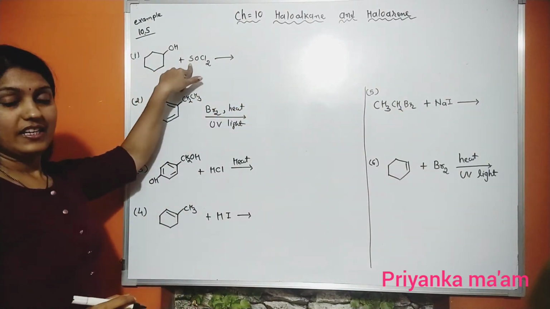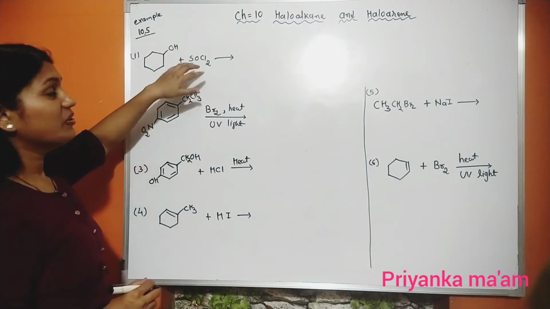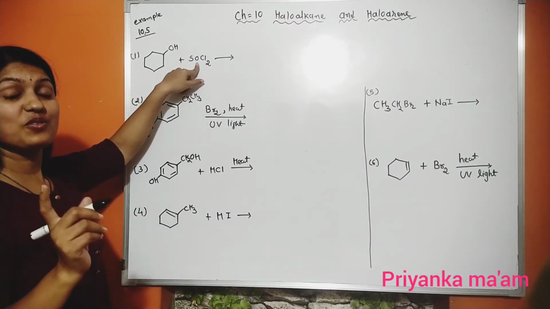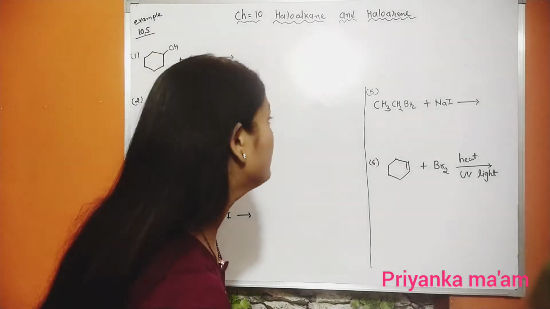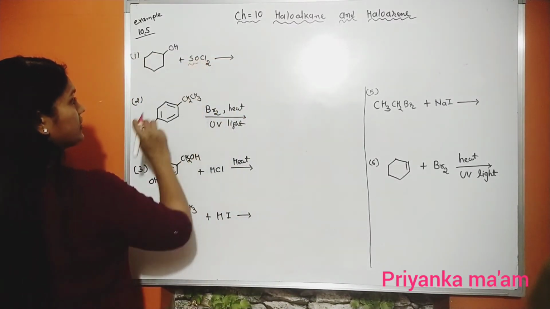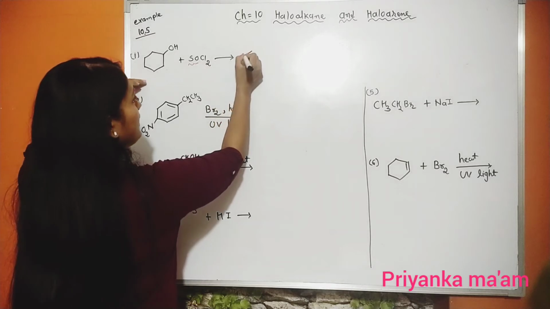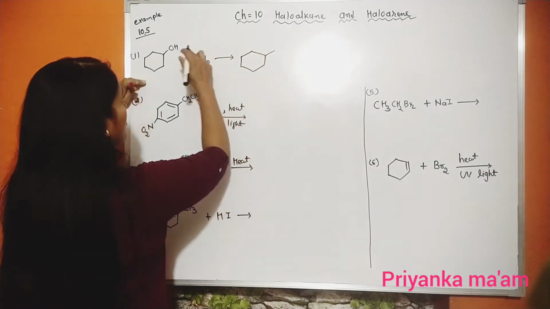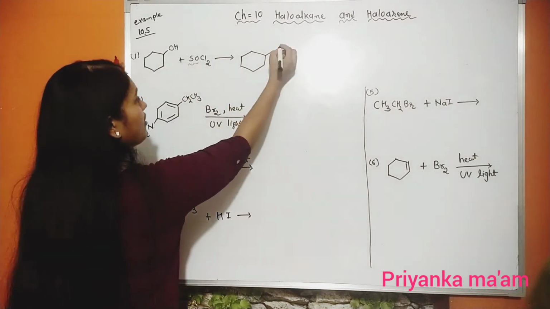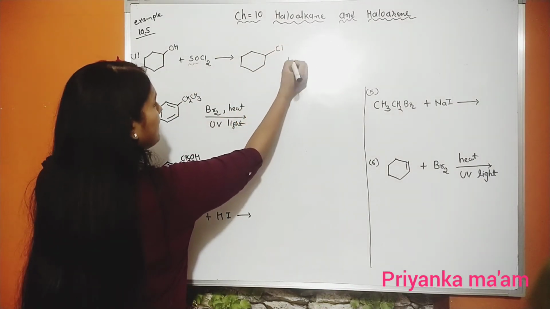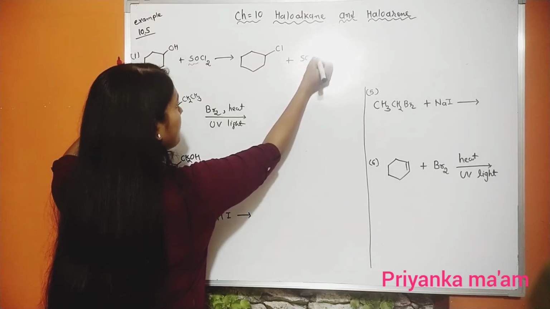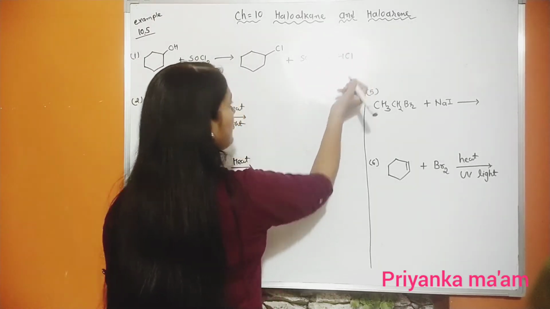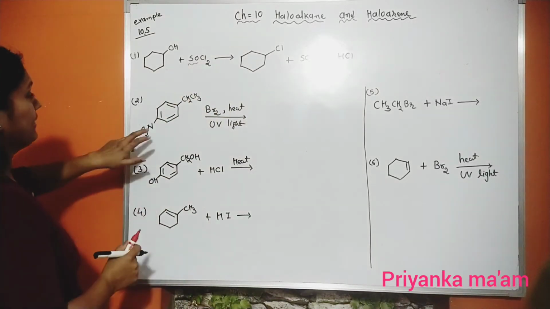Dear students, I told you in first lecture, when reacting with SOCl2, SO2 gas will be released. So OH will leave, and in its place Cl will come. SO2 gas will be released and 1 HCl is a byproduct, right?